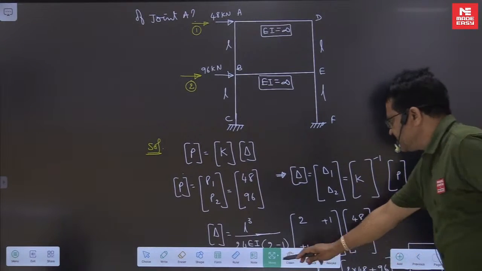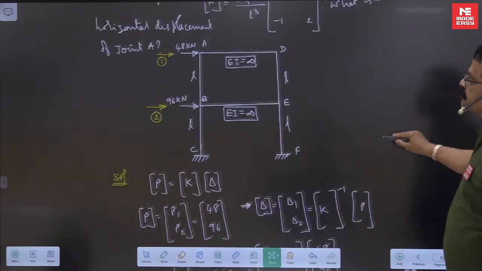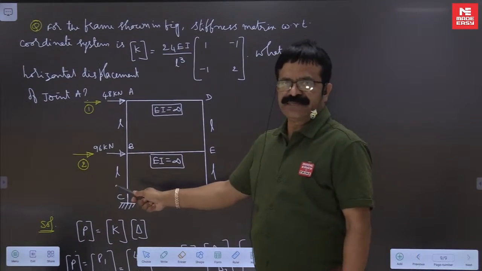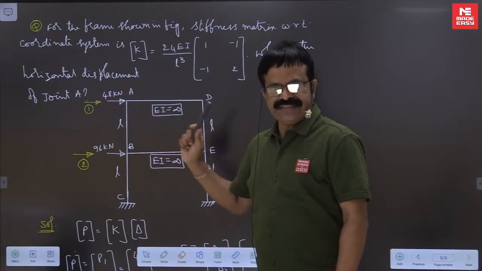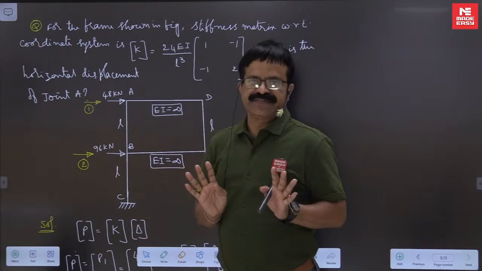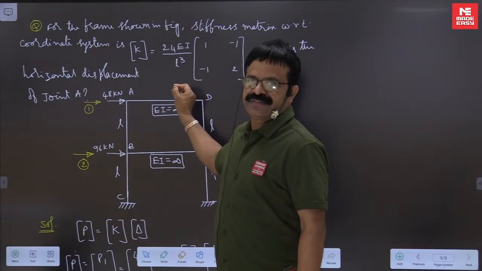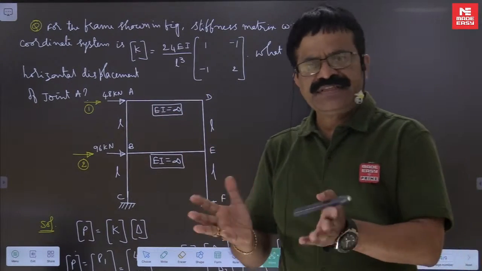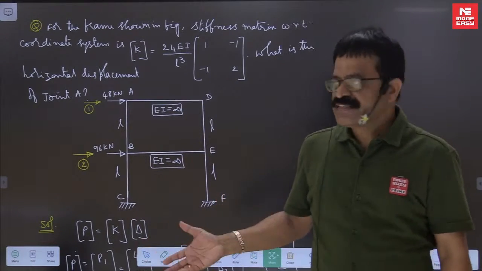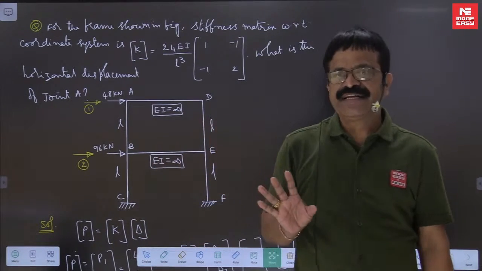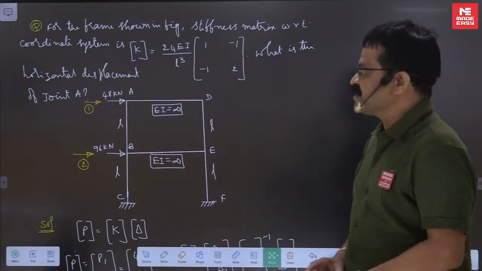Okay. See the scope. This is one way of asking the problem, finding the displacement if K they give you. Second way is, what is the stiffness matrix itself or only one coefficient? In the GATE, asking more than one stiffness coefficient, they didn't exceed till now. But just in case, if they want to ask like this, it won't take more than 1 minute time. It's just inversion of the matrix.